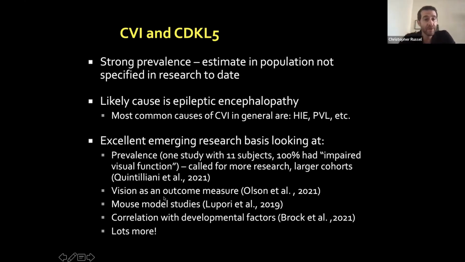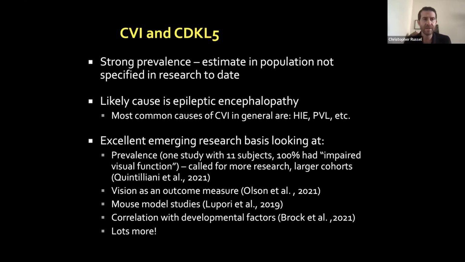I also found research that used vision as an outcome measure for progress. I saw mouse model studies, which is a little bit beyond my scope as an educator, but is obviously exciting as it relates to clinical trials.